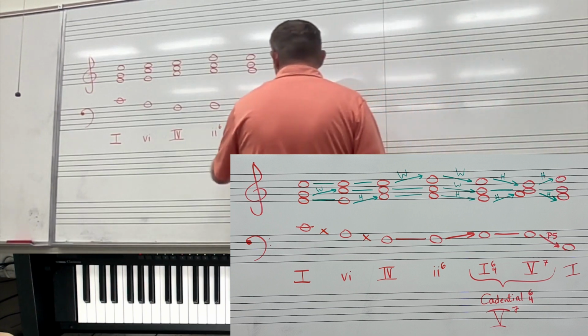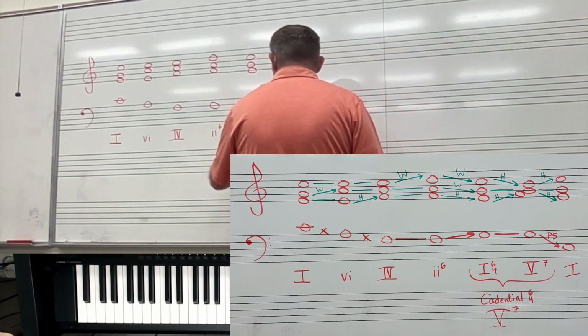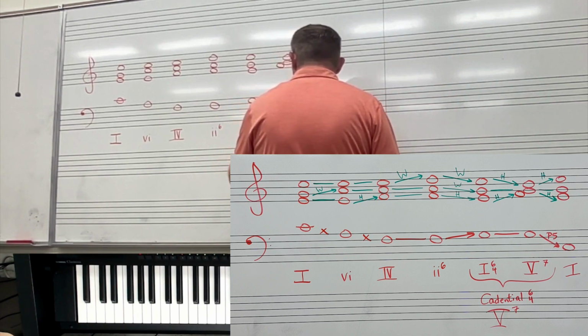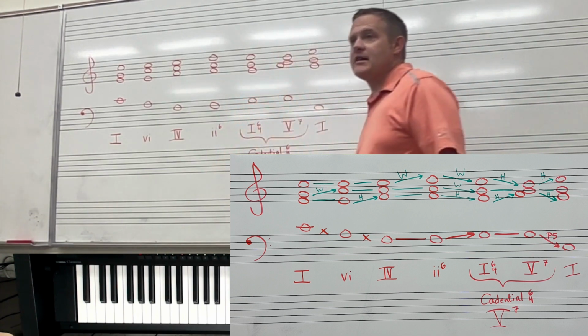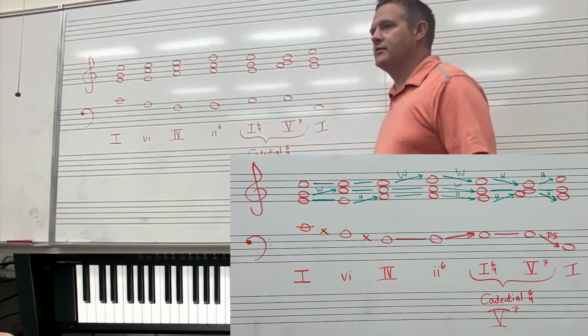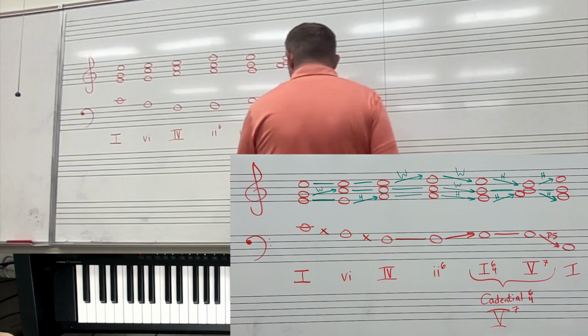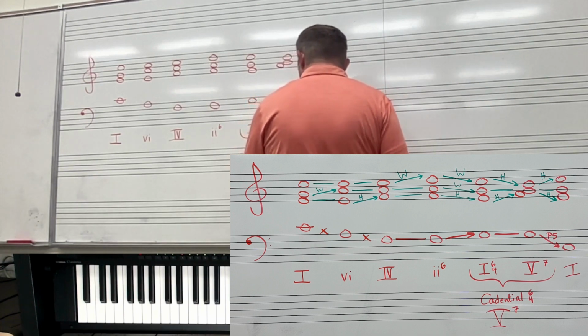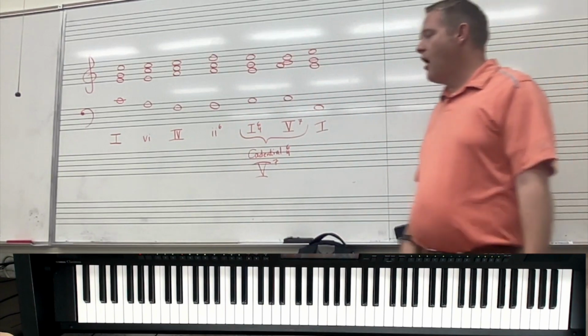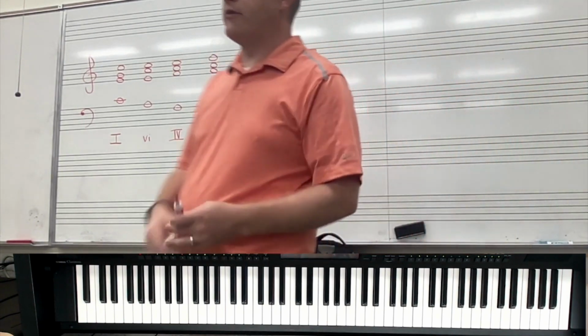So they will call this the cadential 6/4 chord. Some people won't even write that in. And they'll just say that whole thing is a 5/7. Honestly, you could take that chord out.